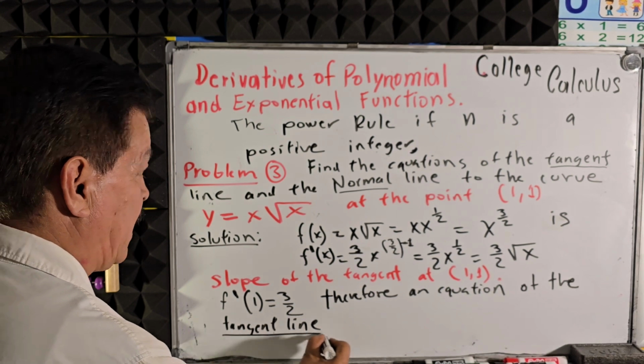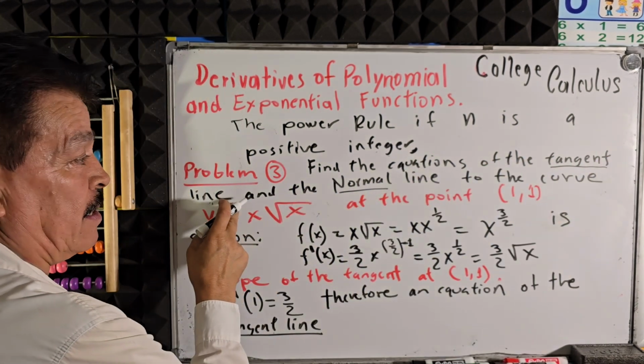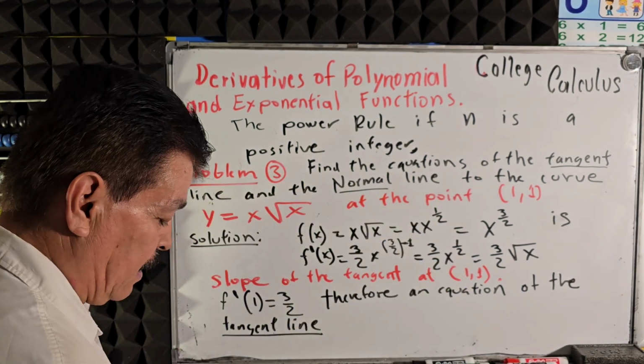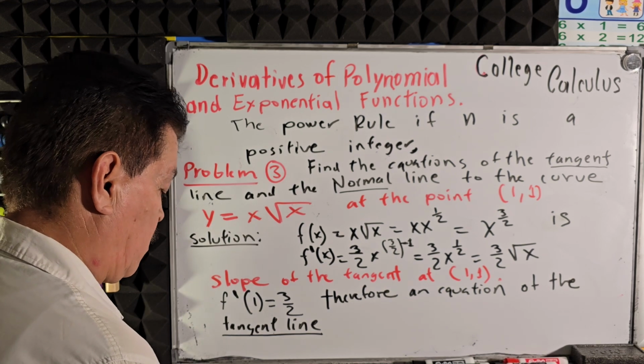So therefore, the equation of the tangent line. We are looking for the equation of the tangent line. Let me use a red color here.